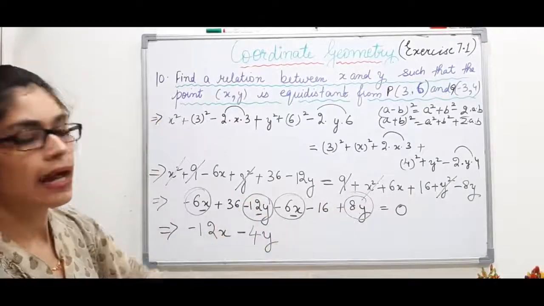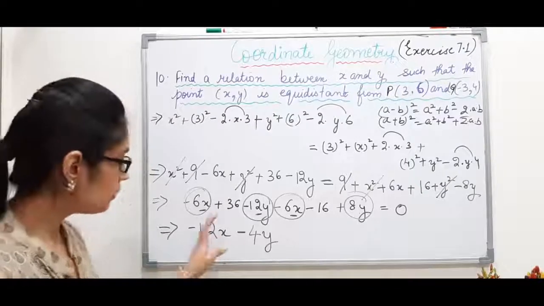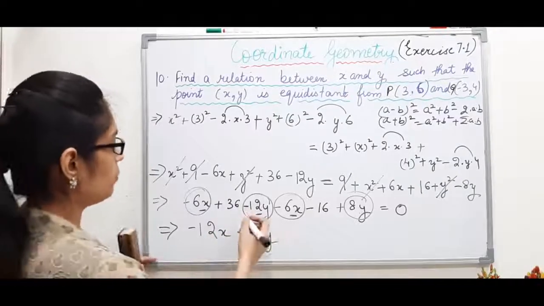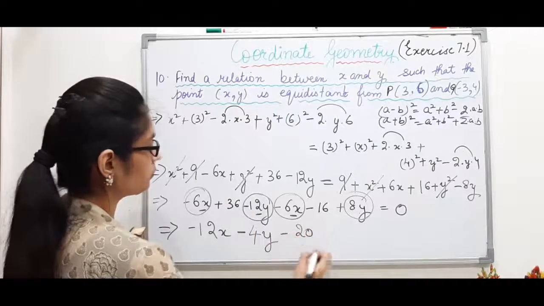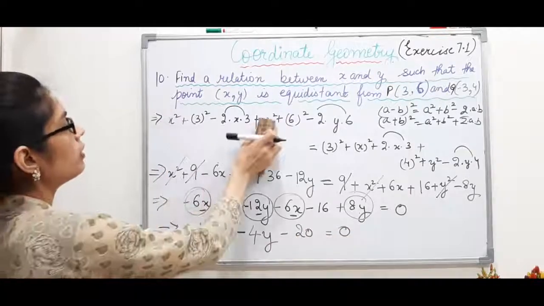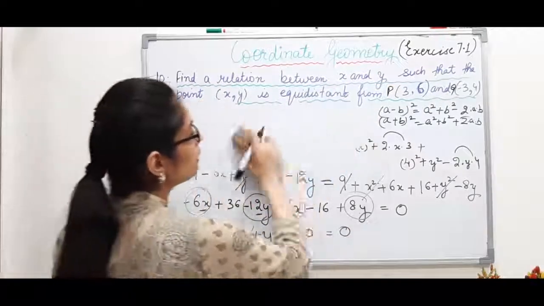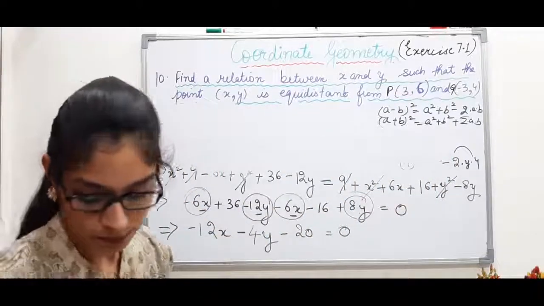Now 36 and 16, both of these are constant terms, that means they both are like terms. So we can write 36 minus 16, which is 20, is equals to 0. Now the question was, we have to find the relation between x and y.